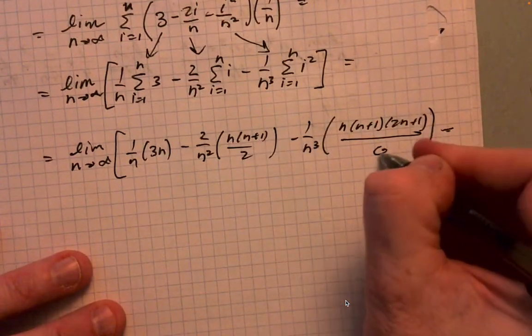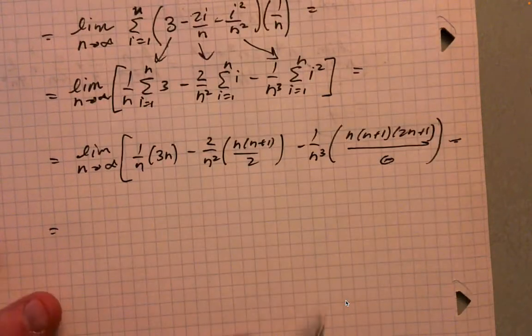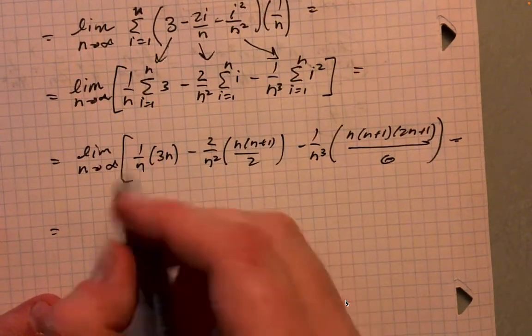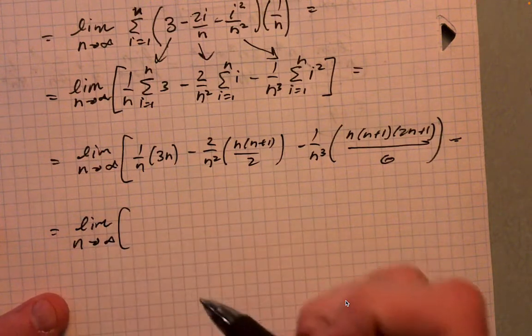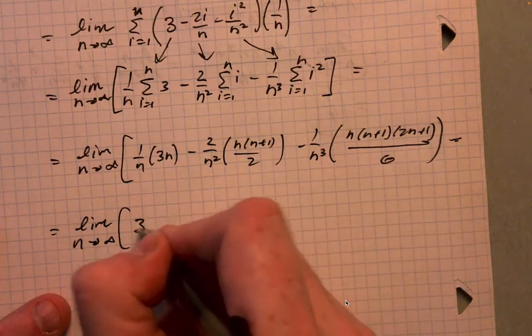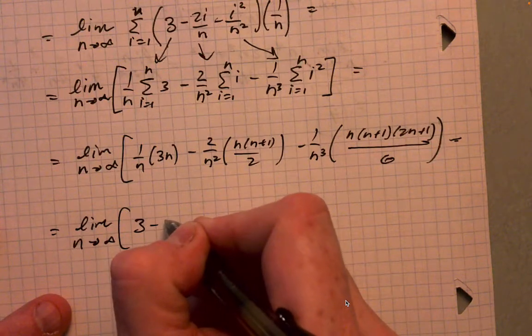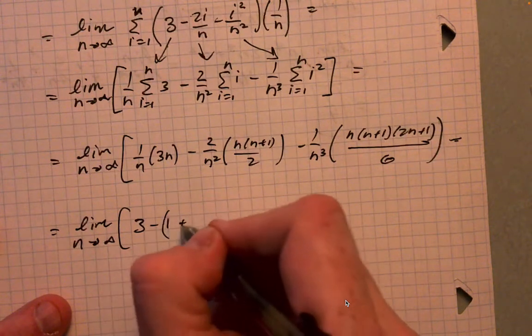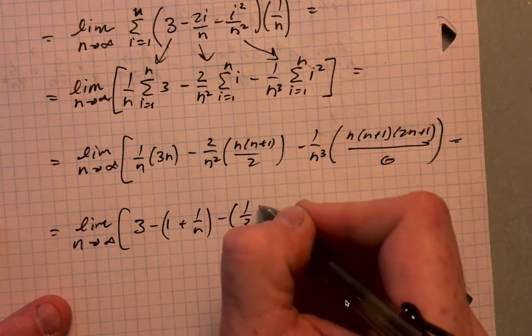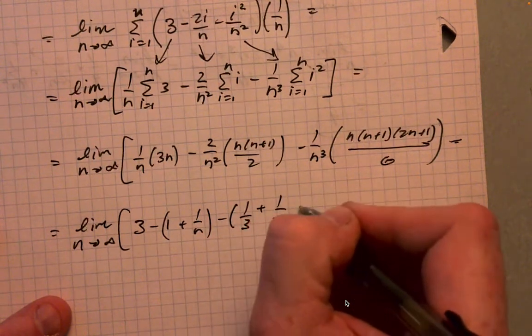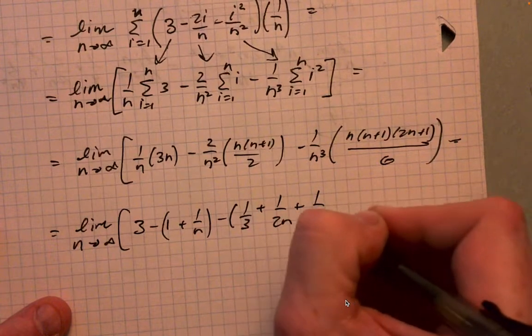And all of this simplifies nicely, and I'm going to jump to the punchline here. This is the limit as n goes to infinity of 3 minus (1 plus 1 over n) minus (1/3 plus 1 over 2n plus 1 over 6n squared).